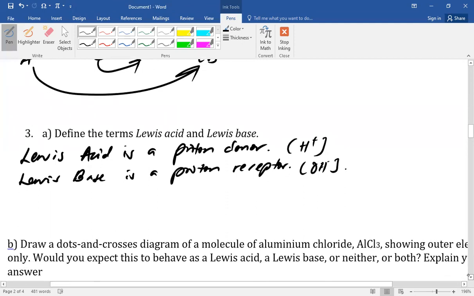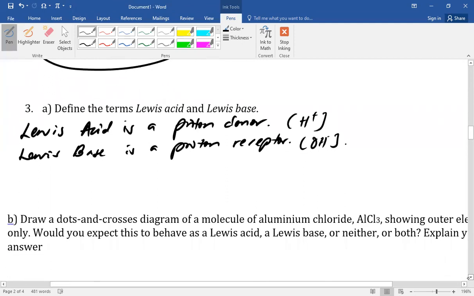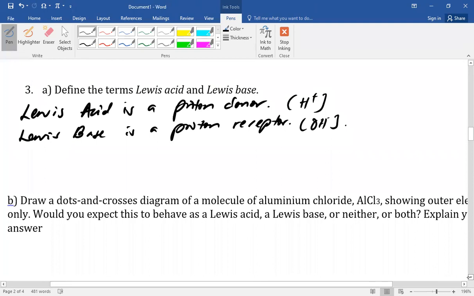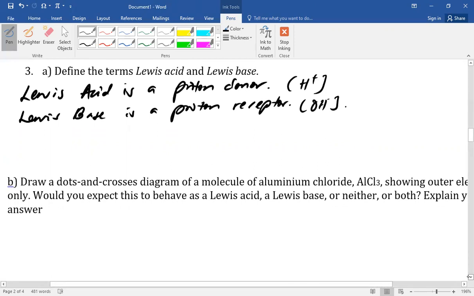Now let's draw a dots and crosses diagram of a molecule of aluminum chloride, that is AlCl3, showing outer electrons only. Would you expect this to behave as a Lewis acid, Lewis base, or neither, or both? Explain your answer.